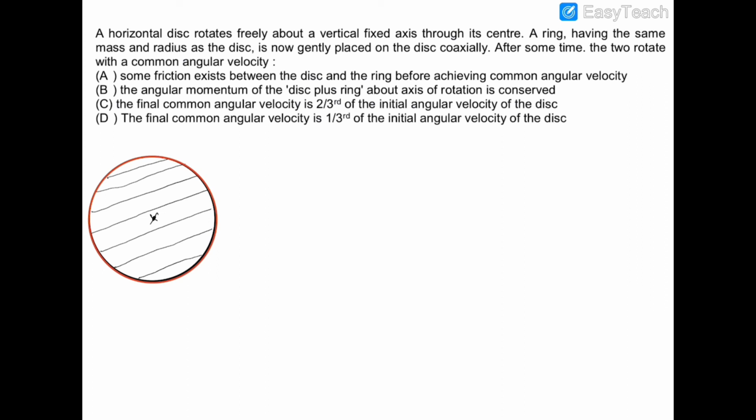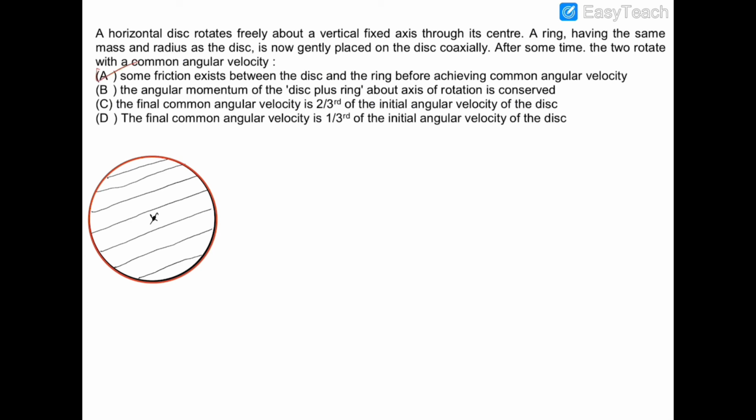First of all, we can easily predict that some friction would exist between the disk and the ring before they achieve the common angular velocity, because the disk is already rotating, and when we place the ring on the disk, some friction would act on this ring, which would start the ring rotating, and therefore we can say that option number A is absolutely correct.